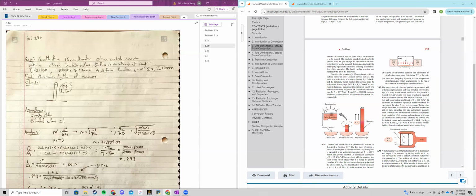And we have to determine the maximum length of the nanowire that may be grown from the conditions characterized by h equals 10 to the 5th watts per meter squared Kelvin and T infinity of 8000 Kelvin. We are assuming properties of the nanowires are the same as the bulk silicon carbide.